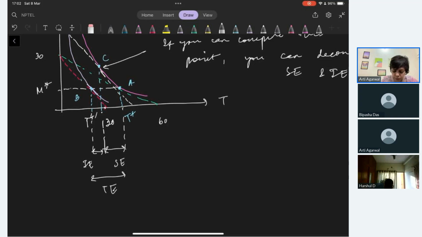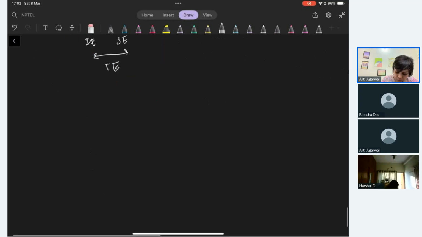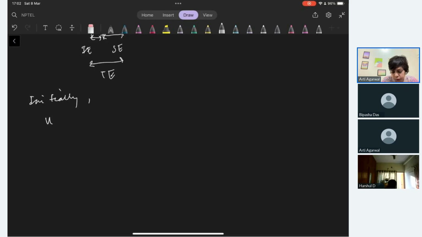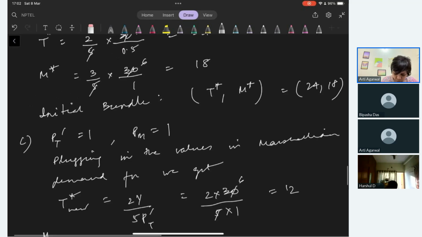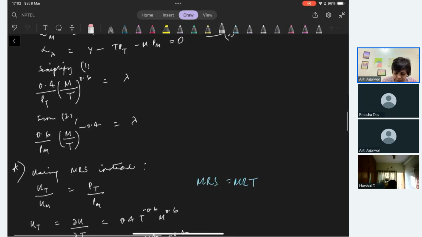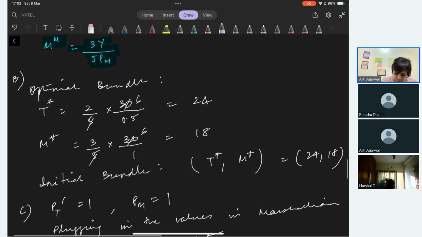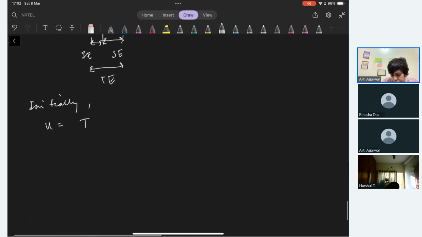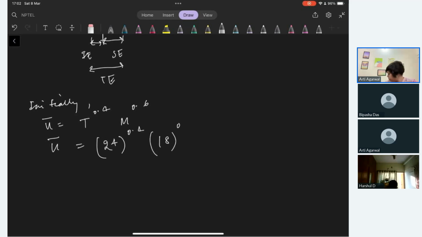Now let's do that. Let's say initial utility. U is equal to, what's the expression for U given? T to the power of 0.4, M to the power of 0.6. Now let's call this U bar. We found T to be 24, M to be 18. So let's calculate this. Let me get my calculator.